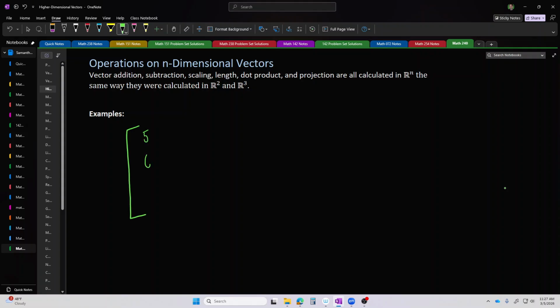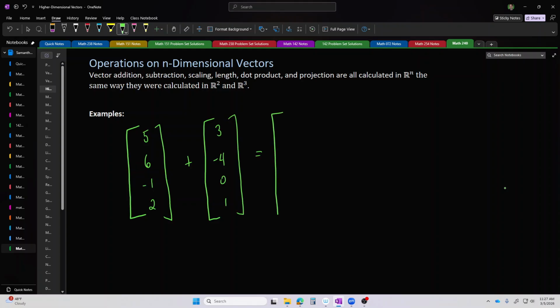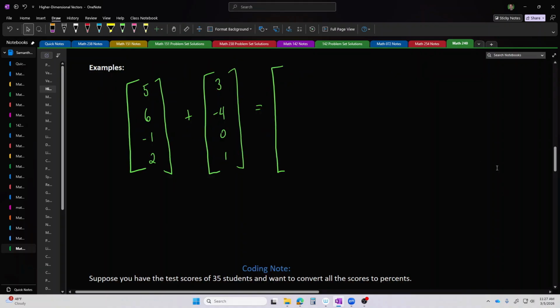If I have a vector that has 4 entries, let's say 5, 6, minus 1, 2, and I add that to this vector, again in column notation, that has entries 3, minus 4, 0, and 1. If I want to add these 4-dimensional vectors together, then I can just do that component-wise.